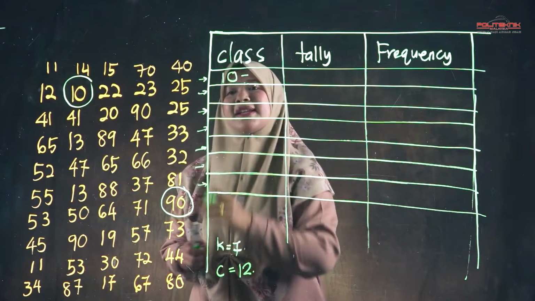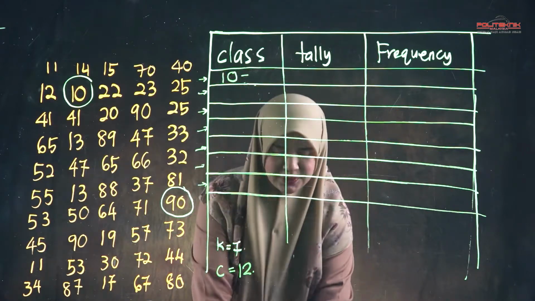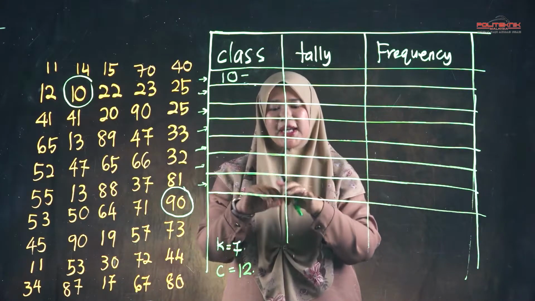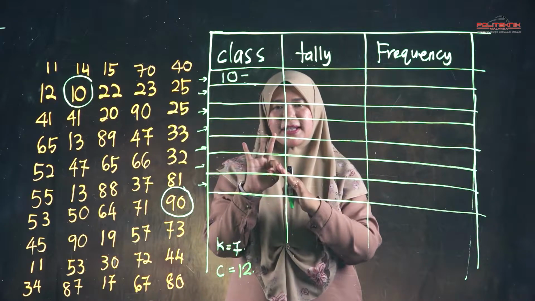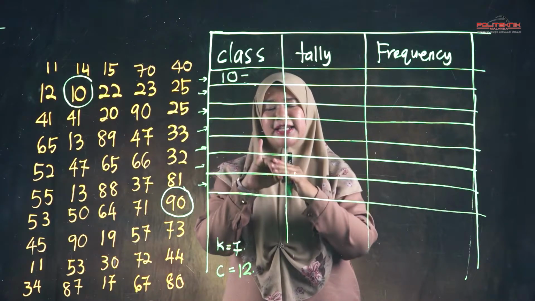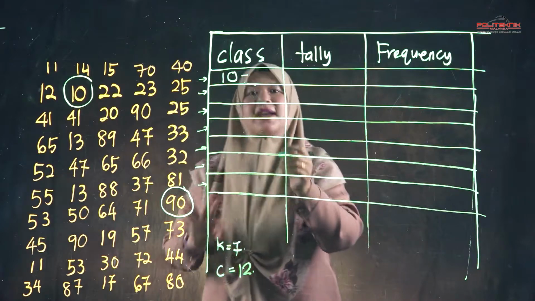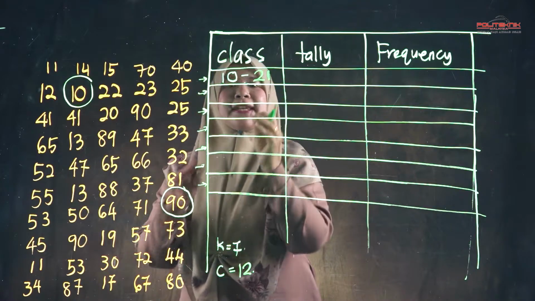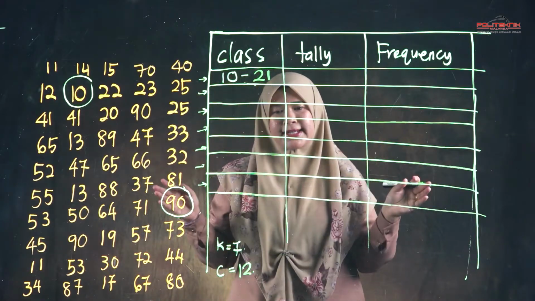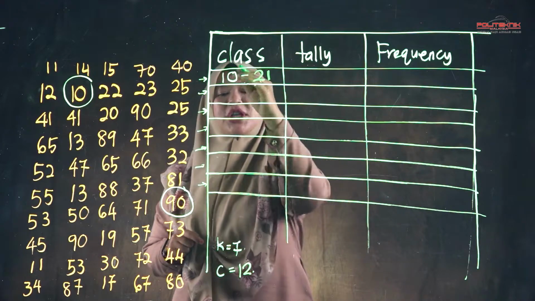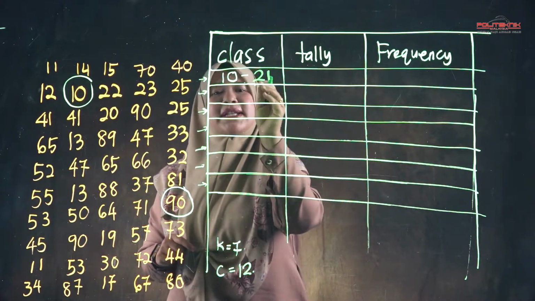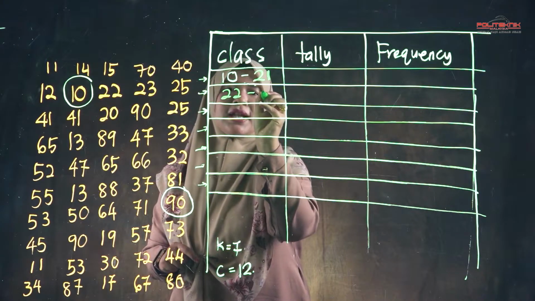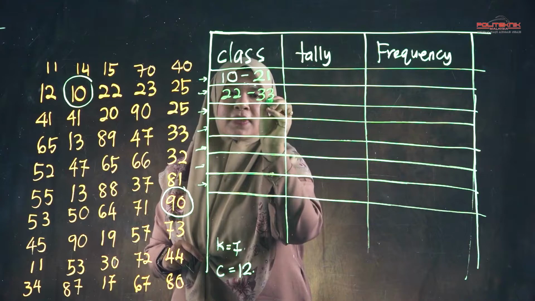So we count out 10, 11, 12, 13, 14, 15, 16, 17, 18, 19, 20, 21. So the value here is going to be 21, which indicates the class width is 12. Just continue the data: after 21, the next class is 22 until 33.